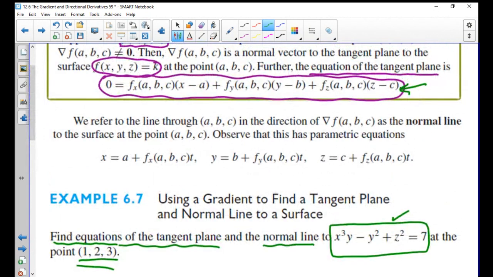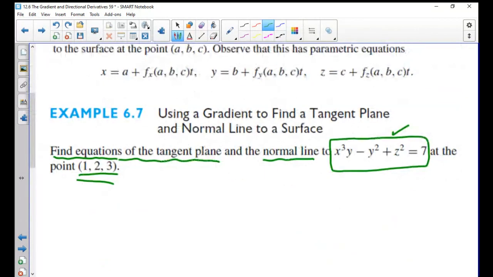According to this rule, what do we need to find? First, do we have a, b, c? Yes, we do. a is 1, b is 2, and c is 3.